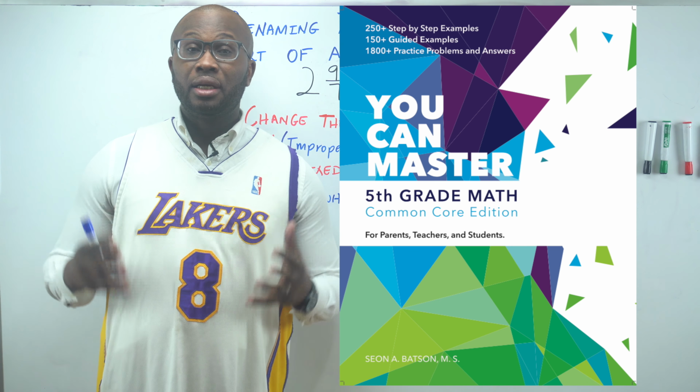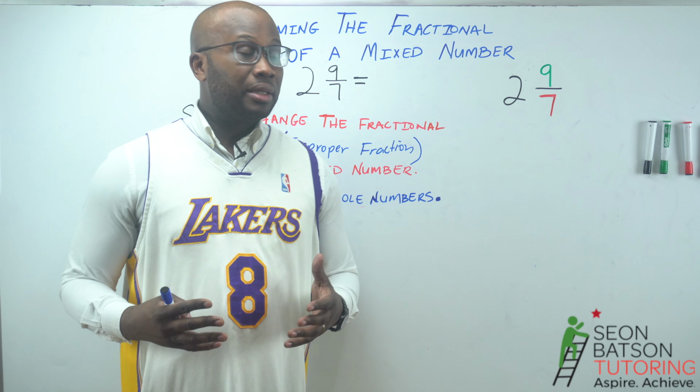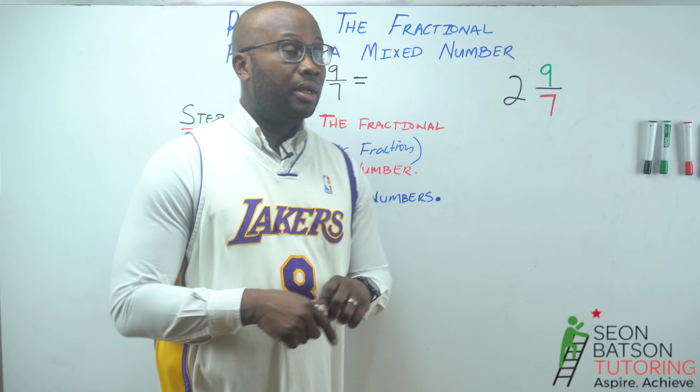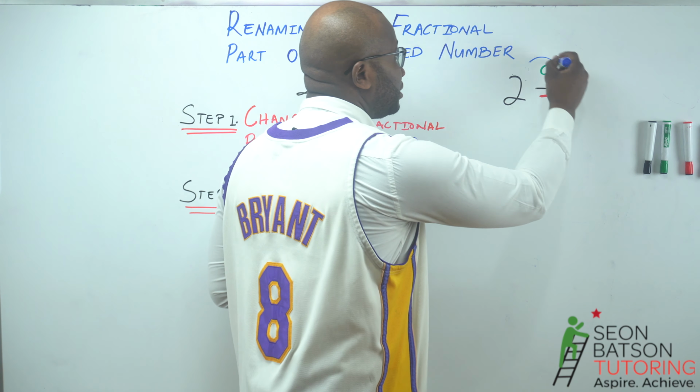Now, to our exercise. Sometimes when we add mixed numbers, our answer will be a mixed number that looks like this. The fractional part of the mixed number will be an improper fraction. Now, we can't leave an improper fraction as part of the answer.